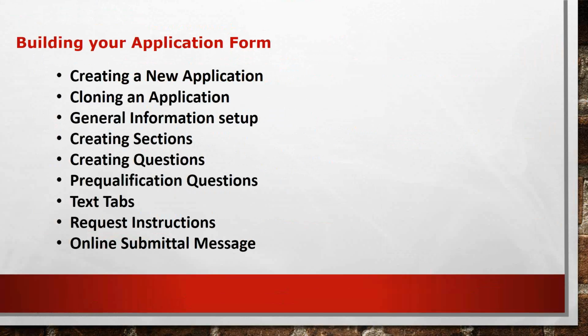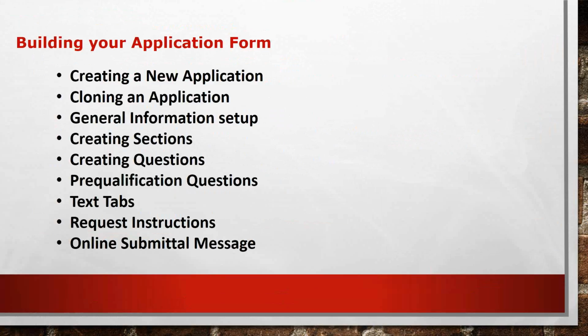We're going to be covering how to build your application form. We're going to talk about how to create a new application, how to clone an existing application that you may already have built on the site, and the general information setup, which is what I call the control panel for your application form.